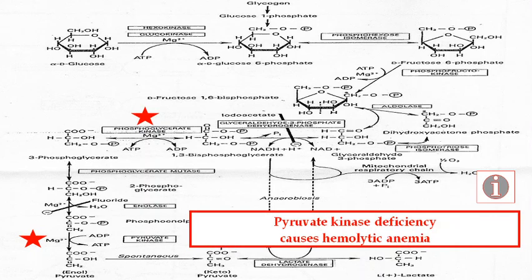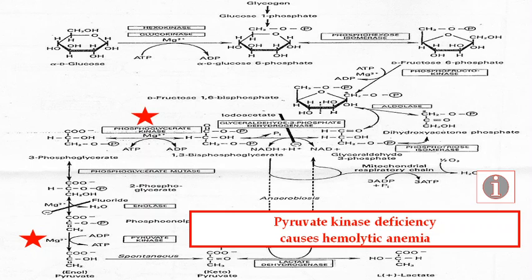Let us see another observation on the process of glycolysis in RBCs: pyruvate kinase deficiency will cause hemolysis. Why will pyruvate kinase deficiency cause hemolysis? Because pyruvate kinase is a step at which substrate level phosphorylation of ADP into ATP is produced. So the source of ATP synthesis is pyruvate kinase.